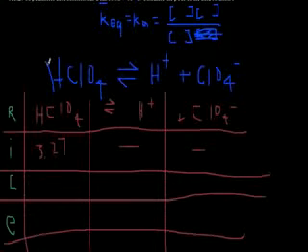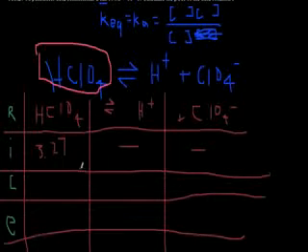Now, note that HClO4 is a strong acid. You need to memorize all the strong acids. So it dissociates easily. But in this problem, it gives us the Ka, which means that it won't dissociate completely. It will only dissociate partly, but it will dissociate a lot because it's a strong acid.